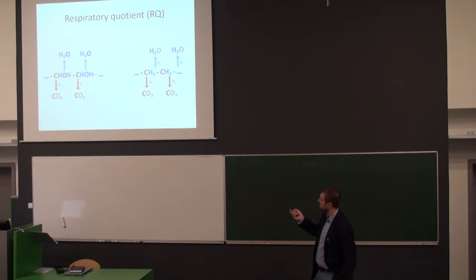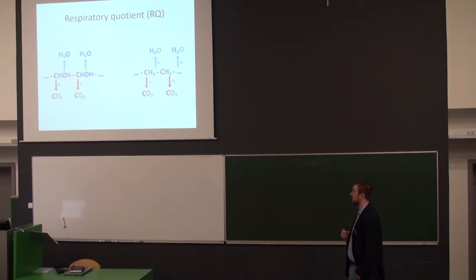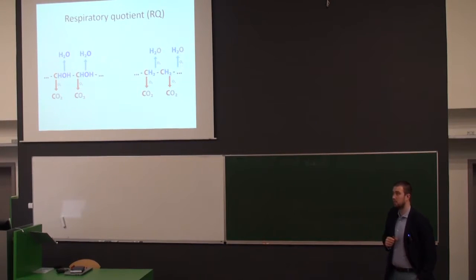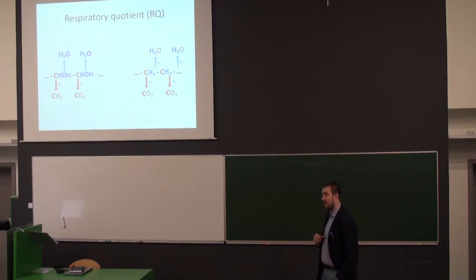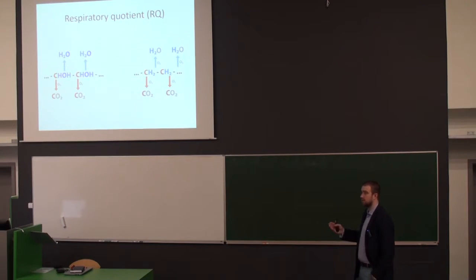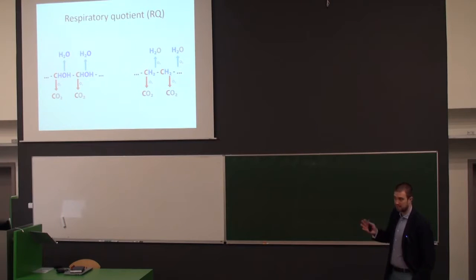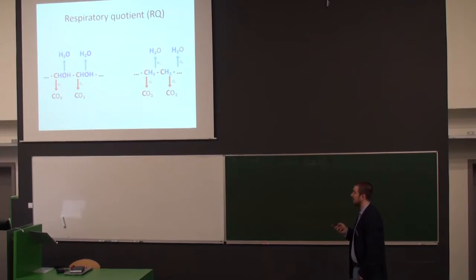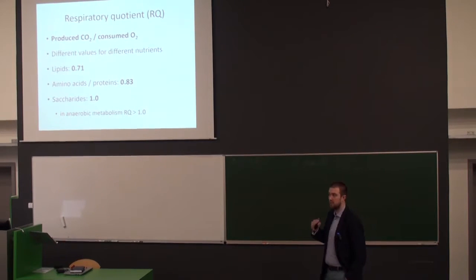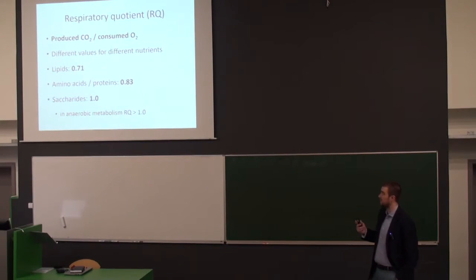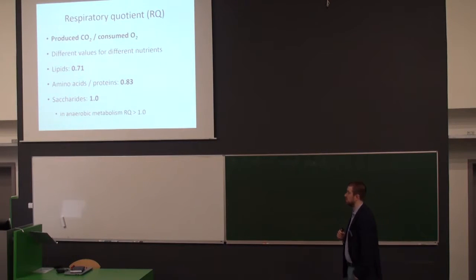That means that the molecules of lipids are more reduced, and therefore more oxygen molecules must be used to oxidize them. And of course, for different fatty acids, the value will be different. It depends on the length, whether it's saturated, unsaturated, etc. And if we take an average, you know that it will be below saccharides, that means below 1, and the average value is 0.71.